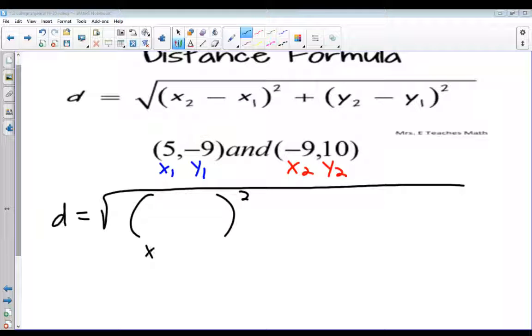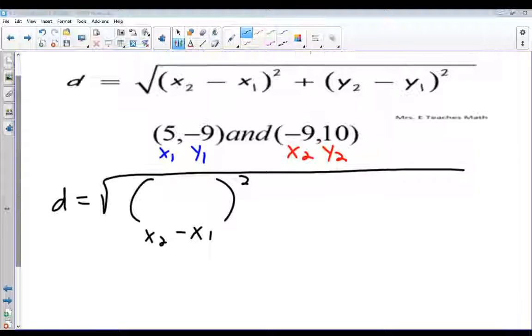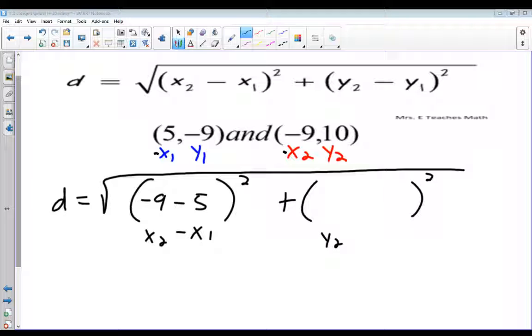We're going to have x of 2 minus x of 1 in this parentheses, where x of 2 is right here, and then minus x of 1. So negative 9 minus 5. And then plus, I'm going to do y sub 2 minus y sub 1, so y sub 2 right here, minus y sub 1 right here, negative 9.